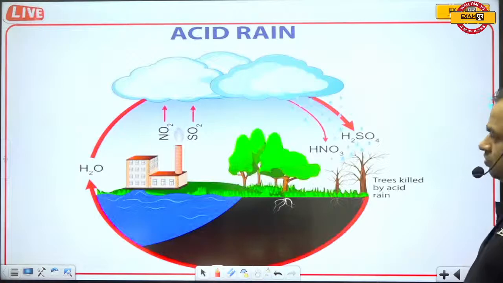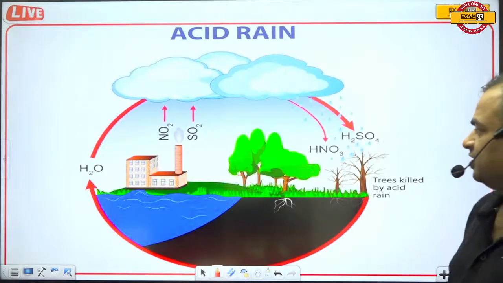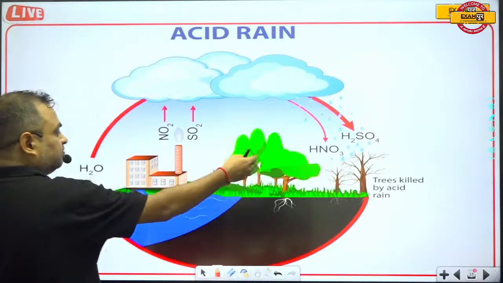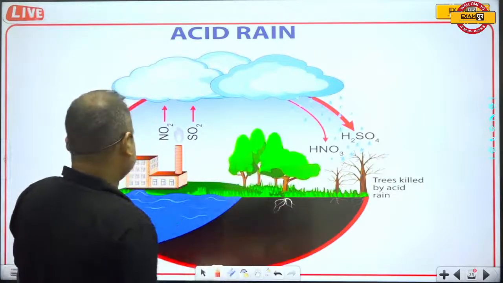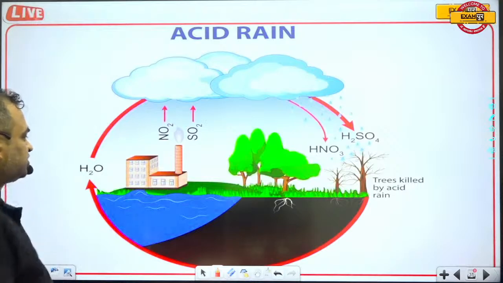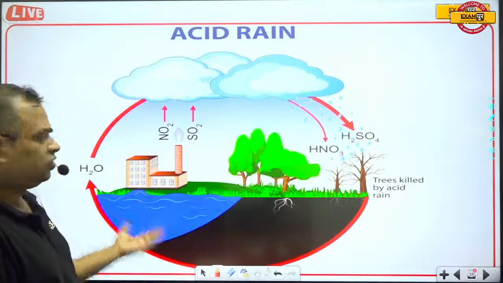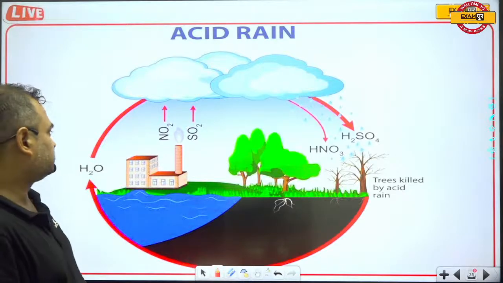Guys, first of all, we should understand the concept of acid rain. Here this is the water, these are the plants, this is the earth, and this is the industry. Suppose the industry uses some fuel like coal or petroleum.